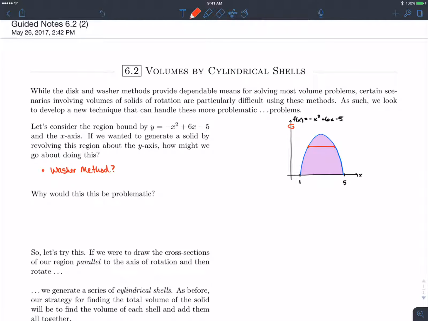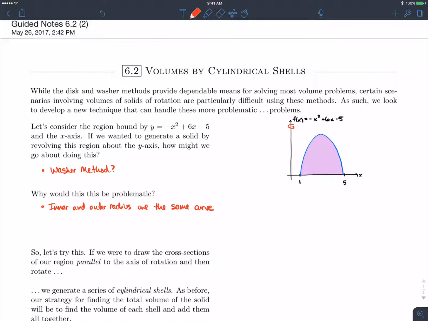If we tried to use the washer method formula, we would just end up getting 0 because the inner and outer radius are essentially the same function. That becomes a significant problem for us. So this is the big one: the inner and outer radius are the same curve.